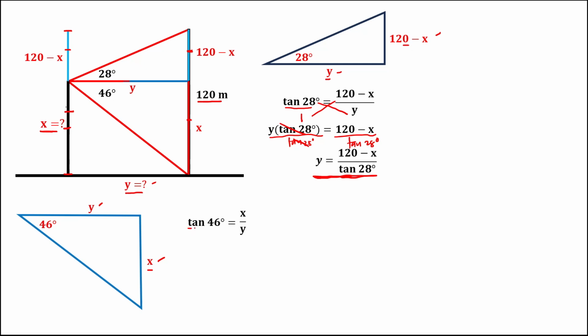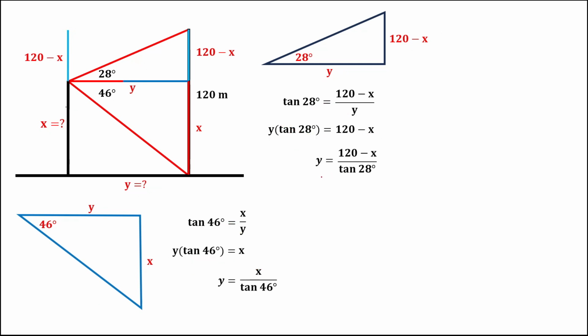Then do cross multiplication, so y tangent 46 degrees equals x. And to solve for y, divide both sides by tangent 46 degrees, so y equals x over tangent 46 degrees.